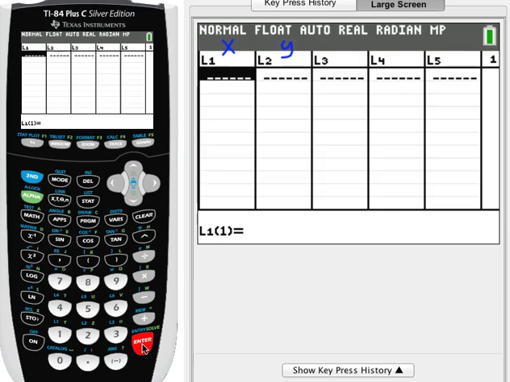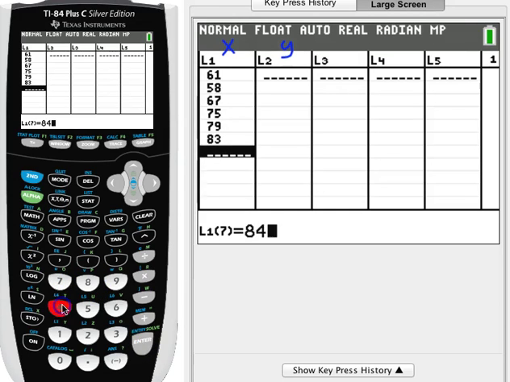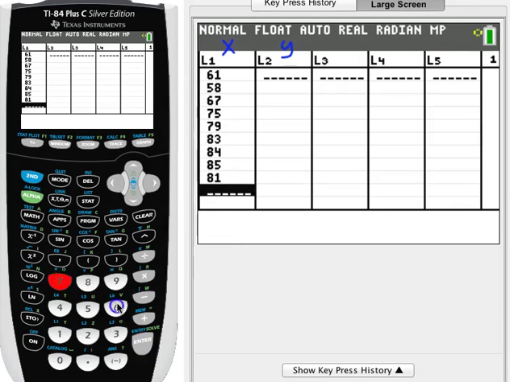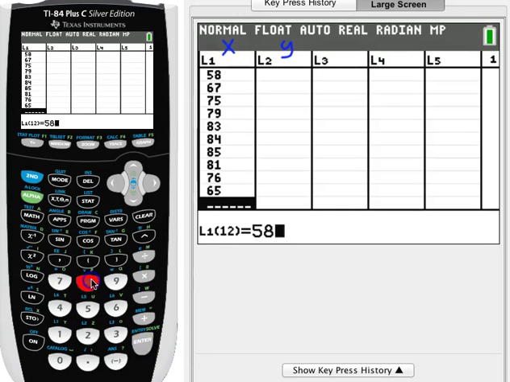So I'm going to run through this. 61, 58, 67, 75, 79, 83, 84, 85, 81, 76, 65, 58. So there's all my X values in order.